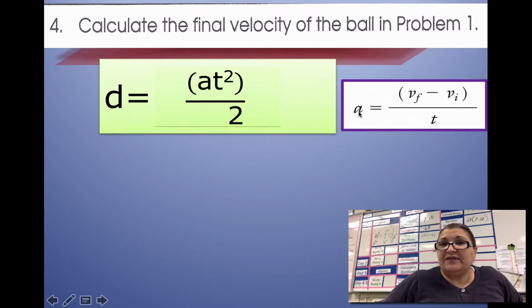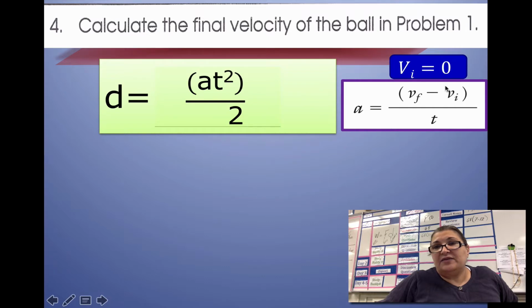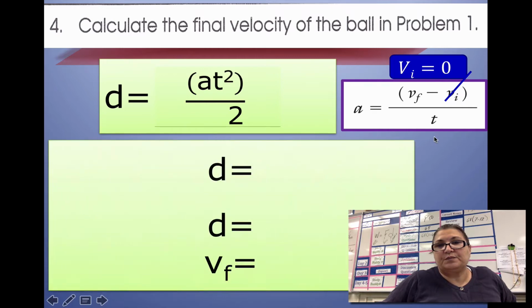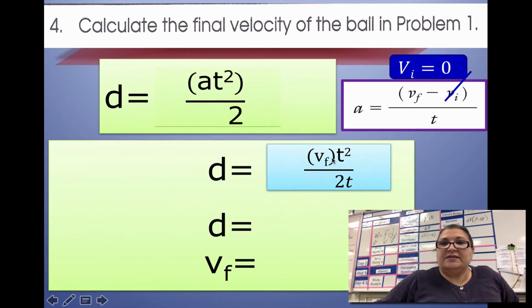We're going to plug in the variable for acceleration, which is final minus initial velocity over t. Now, initial is 0 when you're dropping an object, and whatever is left is final velocity over t. So you plug it in here.